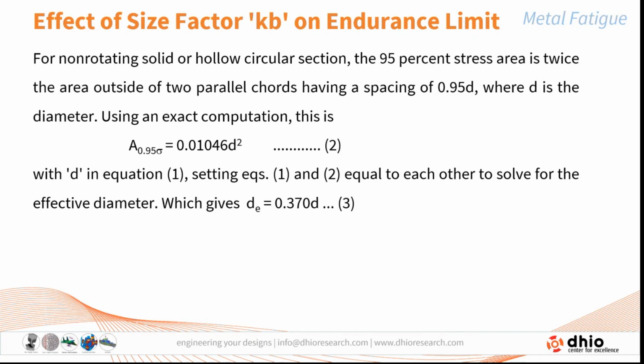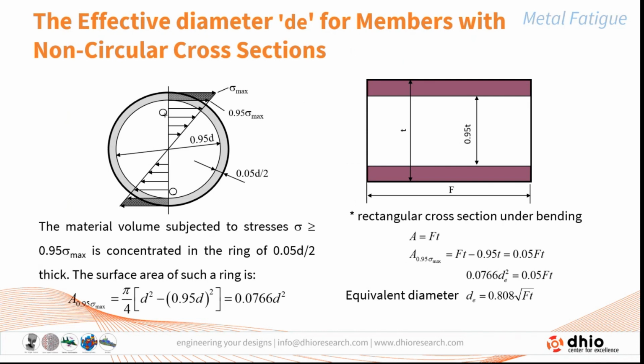Using the exact computation, this gives the 95% stress area as 0.01046 D square. Setting equation 1 and this equation 2 equal to each other and solving for D, we get the equivalent diameter equal to 0.37 times the diameter of the actual specimen which you are going to use. And this is what is being shown here.